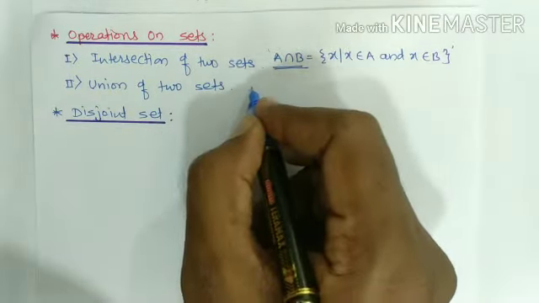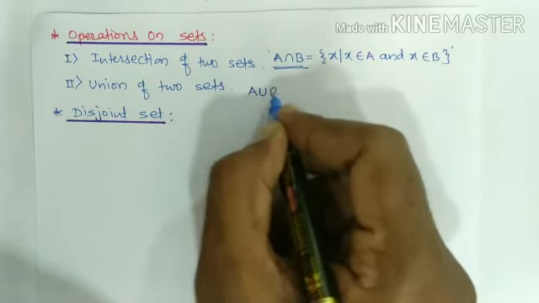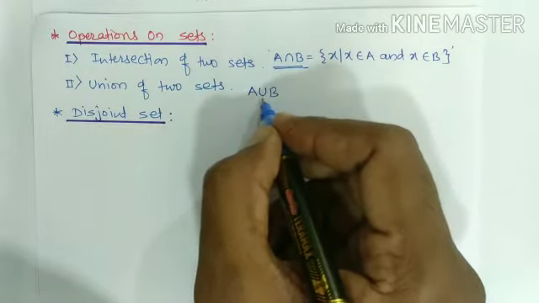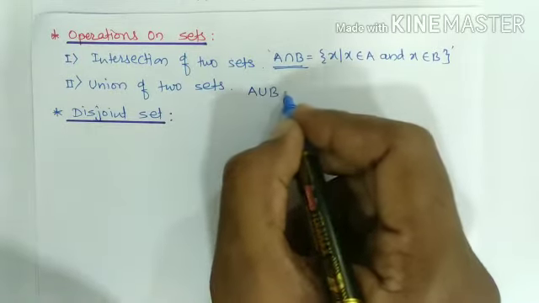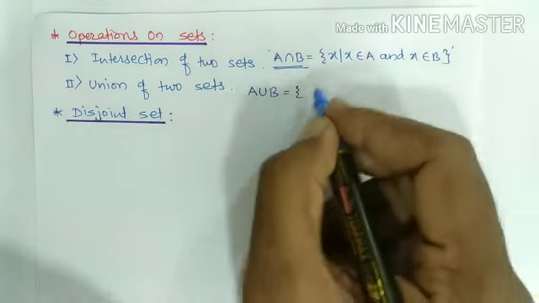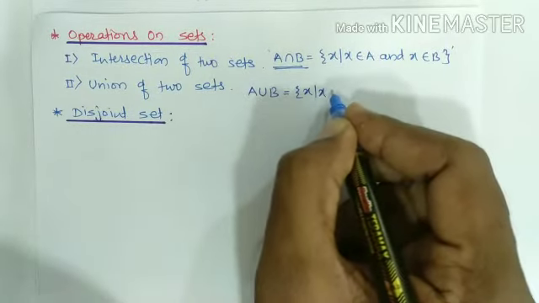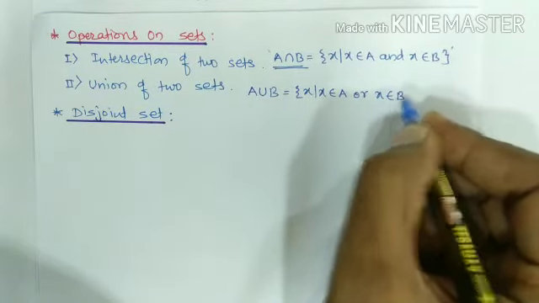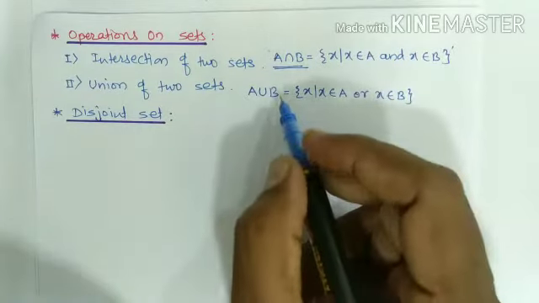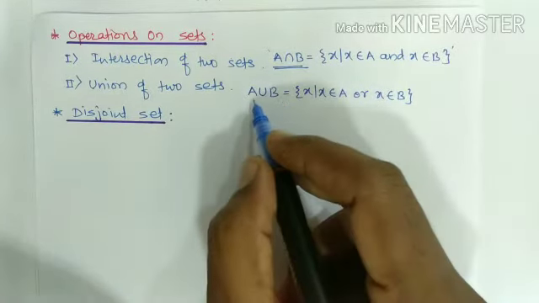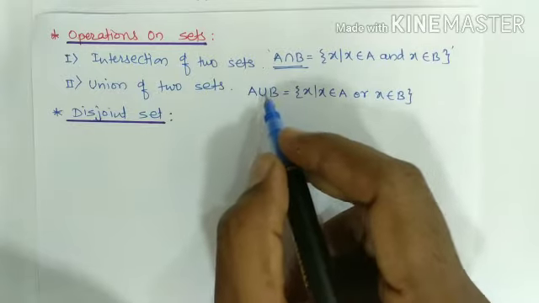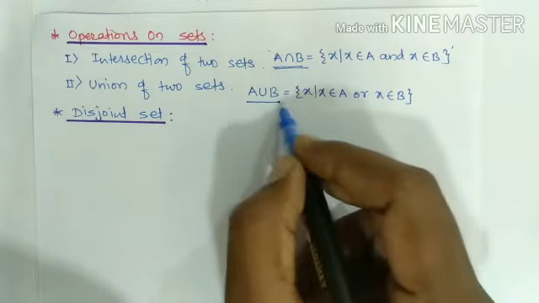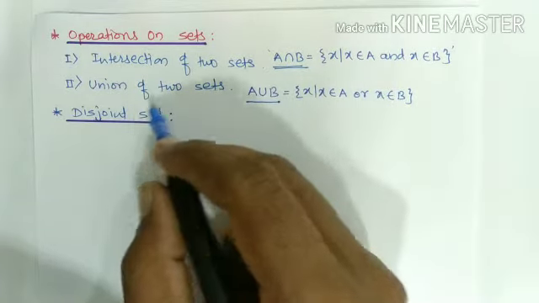It is represented as A union B. This is the symbol of union, and it is defined as A union B is the set of all x such that x belongs to A or x belongs to B. It means the set of all elements in A and B is called the union of two sets A and B.